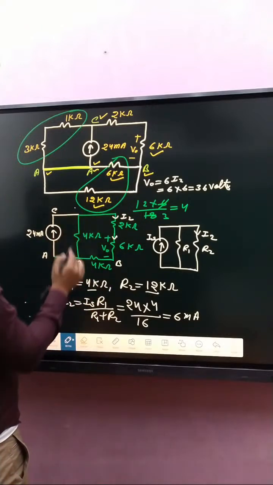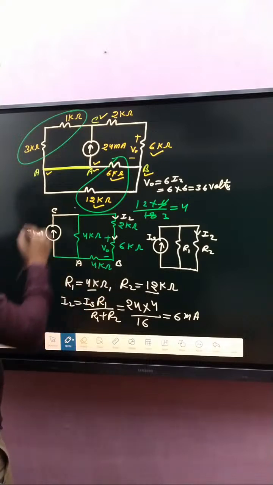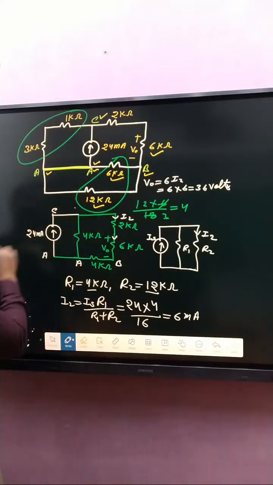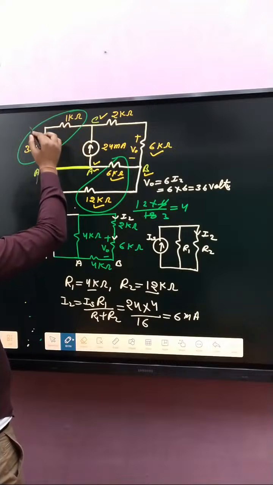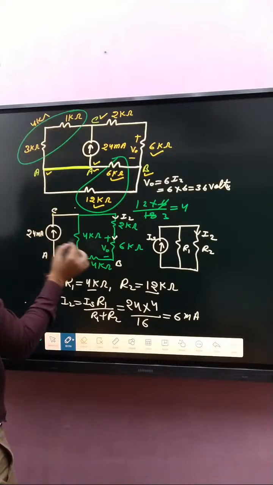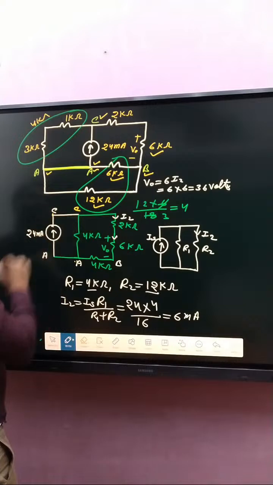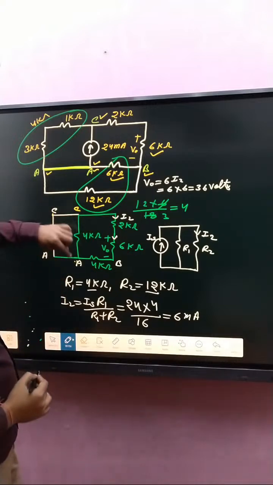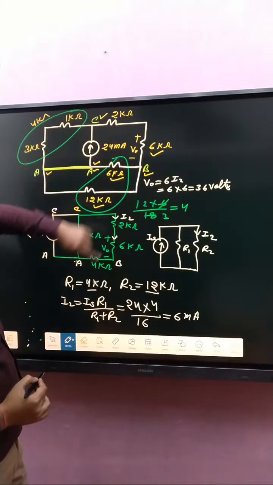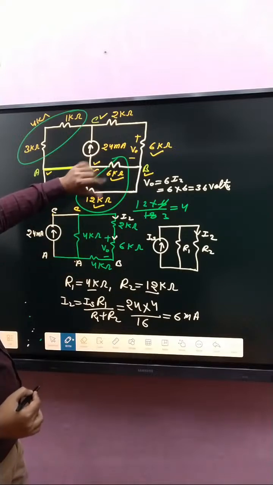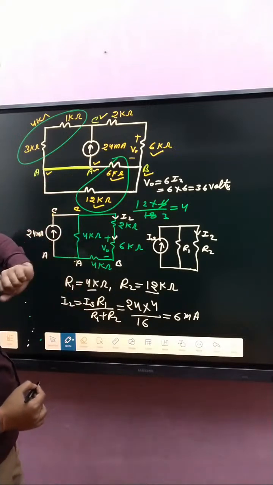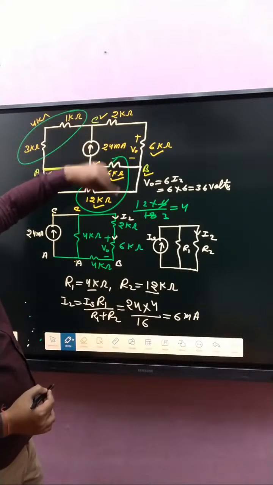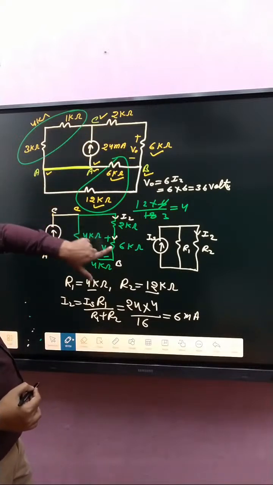Clear or not? So A to B, connect here. A to C, like that one, and these two in series, that is 4 kilo ohm. So connect here, A to C. After that, A to B, the combination of these two is 4 kilo ohm, both are parallel, that's why 4 kilo ohm is connected here. And these two in series, so write like that.